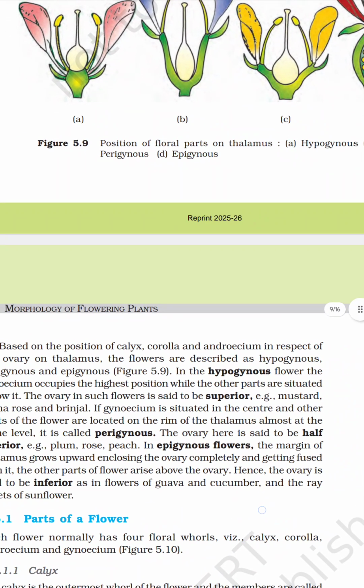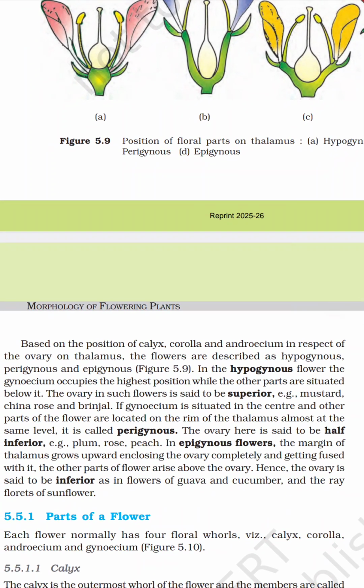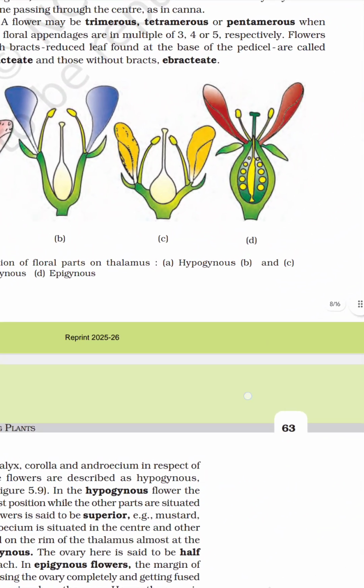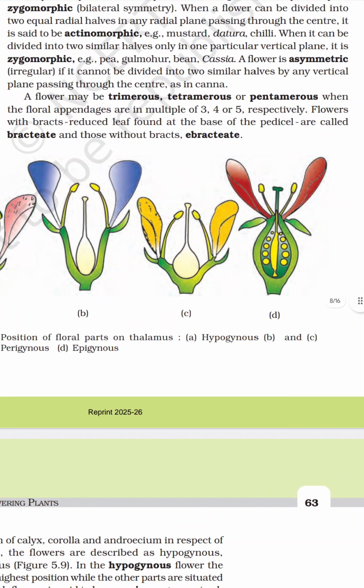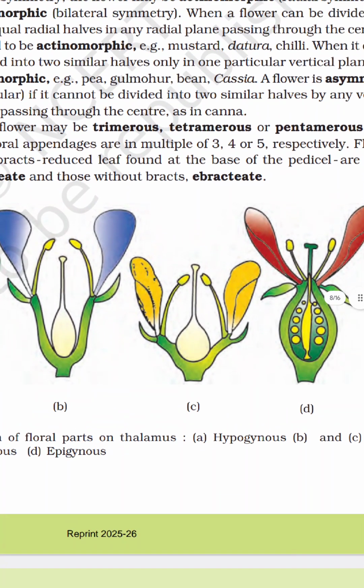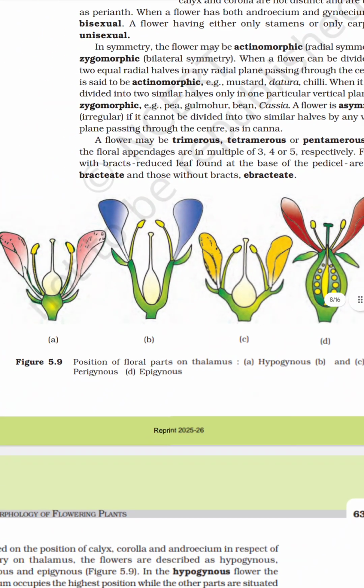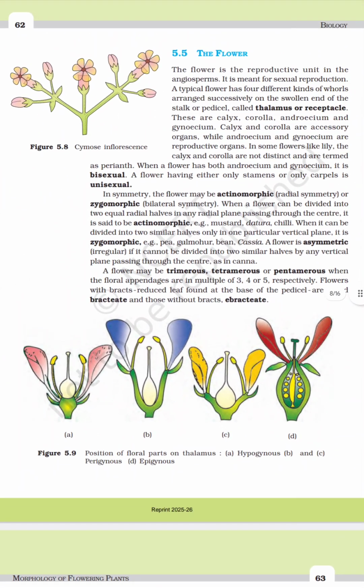In epigynous, the margin of the thalamus grows upwards, completely encloses the ovary and fuses with it, and the other parts arise above. The ovary is inferior. We see it in guava and cucumber. This is the epigynous. This is all about the flower.